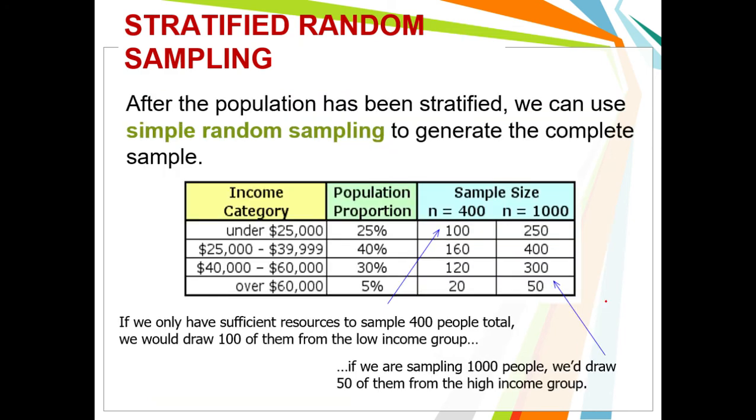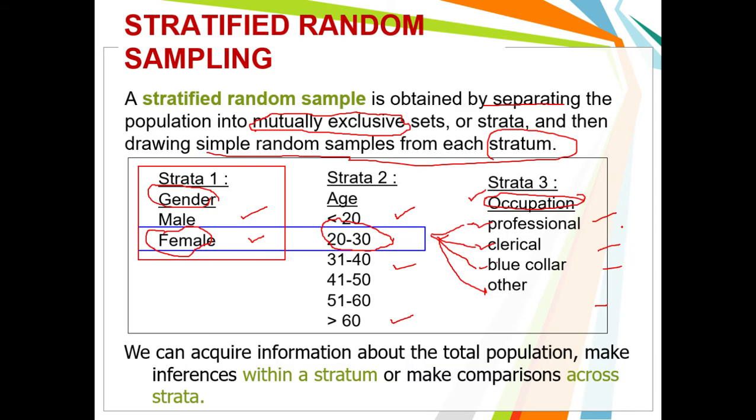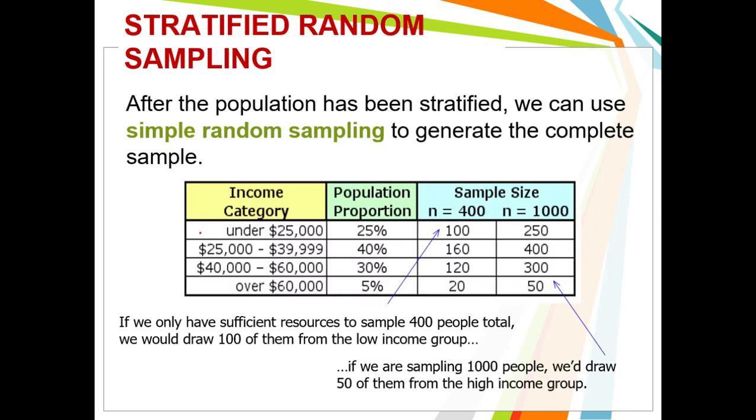So yun yung sa ating example kanina, yung ating group, we have professional, clerical, blue collar, and others, assuming na ito yung ating mga categories na. Out of the groups, pwedeng isang group ang piliin or pwedeng may certain percentage sa ating groups yung ating pipiliin.